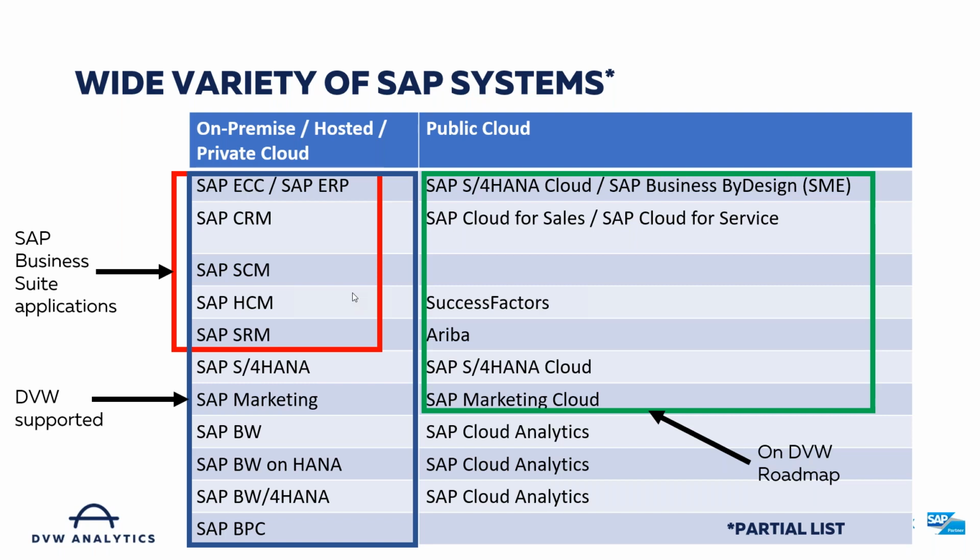So if you're working with or looking to move to SAP S/4HANA Cloud, or if you have subsidiaries in your organization maybe looking to use SAP Business ByDesign, or the new CRM-based products, Cloud for Sales, Cloud for Service, and so on and so forth, these products require a slightly different approach, and we have the ability to extract data from them. We're in various stages of development with each of these other products, and we'll be making them generally available over the next few months.